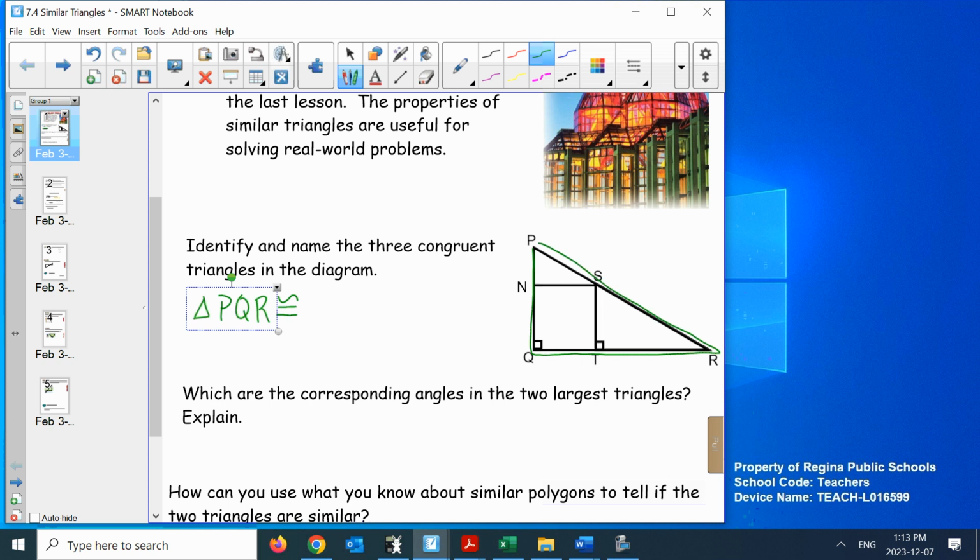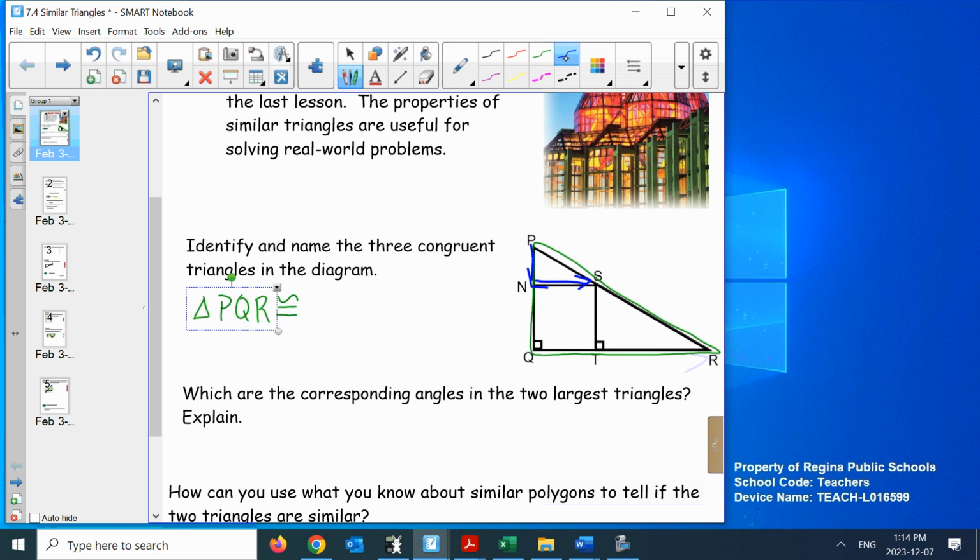Now I'm going to use a different color for the next one. What's another triangle? It's smaller. I'm going to go PNS, and here's why. I went P down to the right angle, QR. So I'm going to go with P down to the right angle, then S. But yes, you're 100% correct.